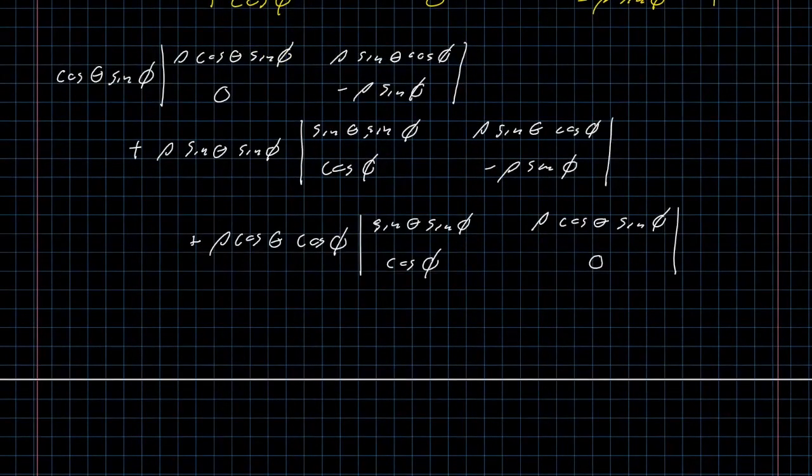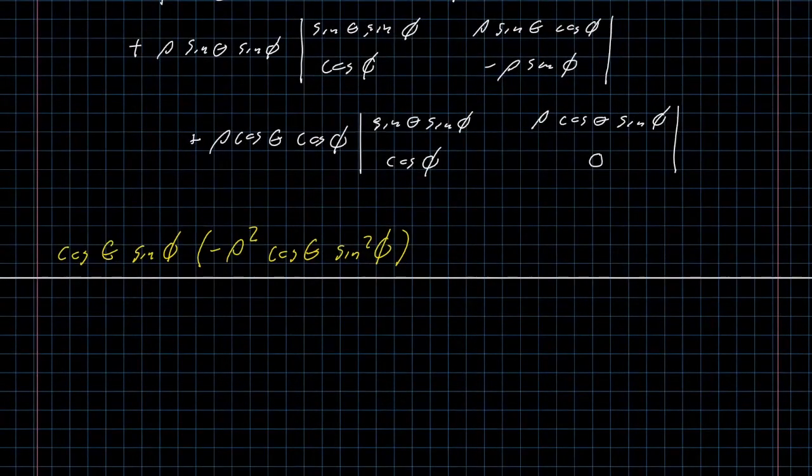All right, so expanding those out, in the first row, we have cosine theta sine phi times rho cosine theta sine phi times minus rho sine phi, which is minus rho squared cosine theta sine squared phi.